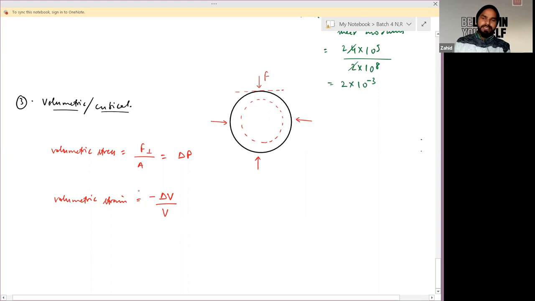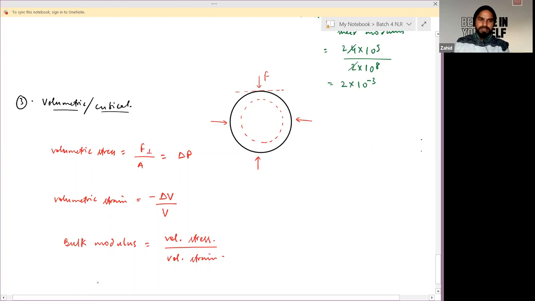Now, if you divide these two terms, you will get modulus of elasticity. In terms of volumetric, it is termed as bulk modulus. So it should be volumetric stress divided by volumetric strain.